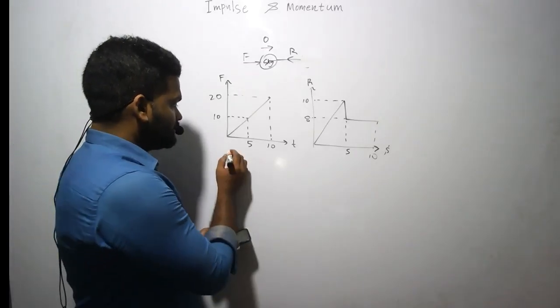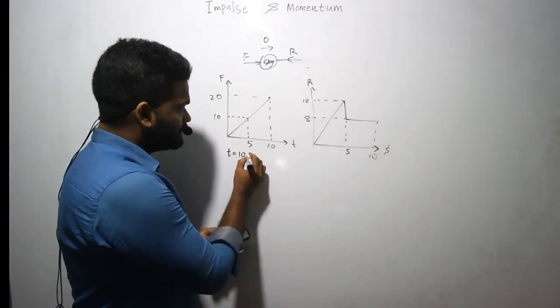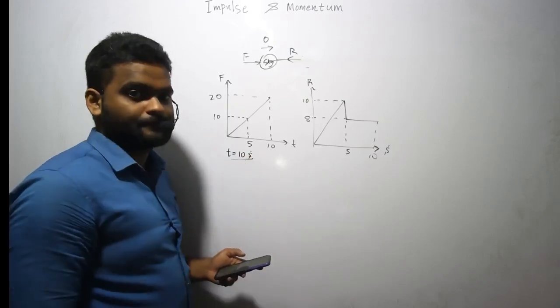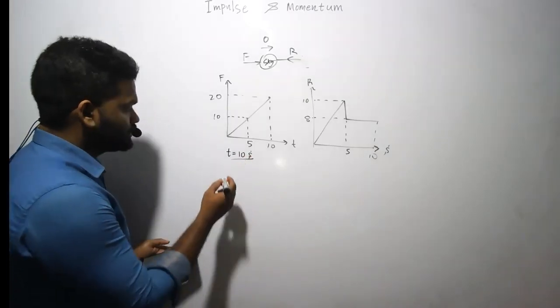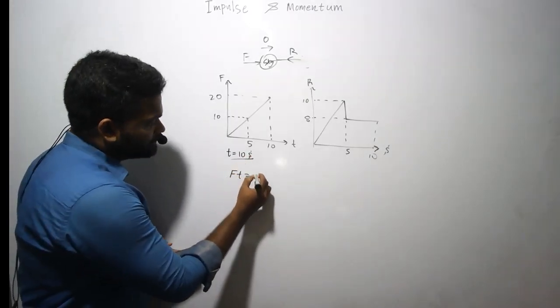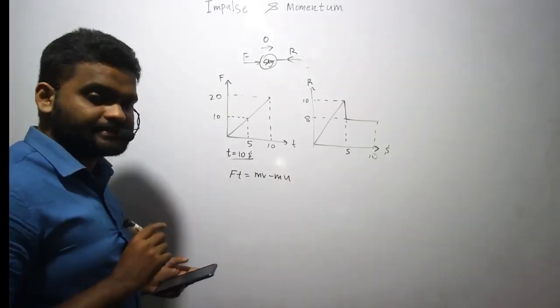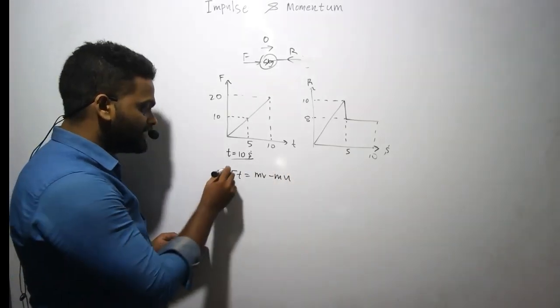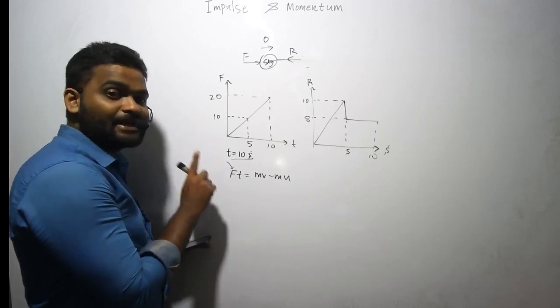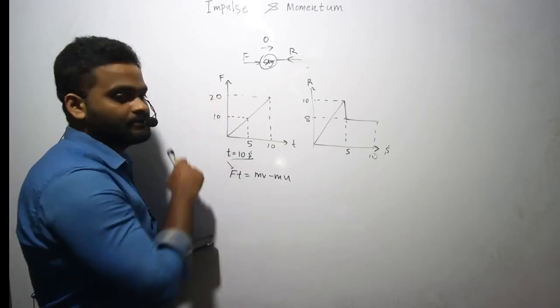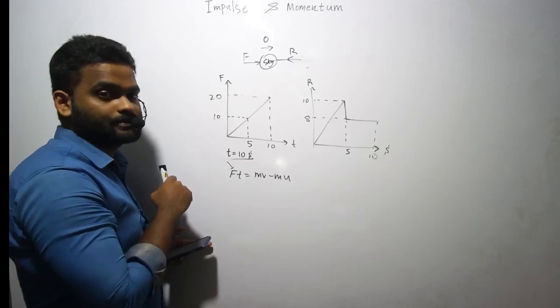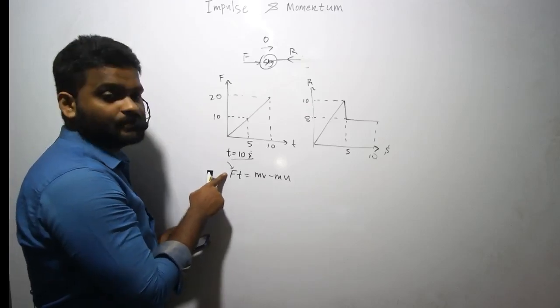So what they ask is when t is equal to 10, what is the velocity? Right. So this is Ft equals mv minus mu, right? Listen carefully, you have to understand this. This F is actually the unbalanced force, not this F, right? This is just driving force. F is unbalanced force.